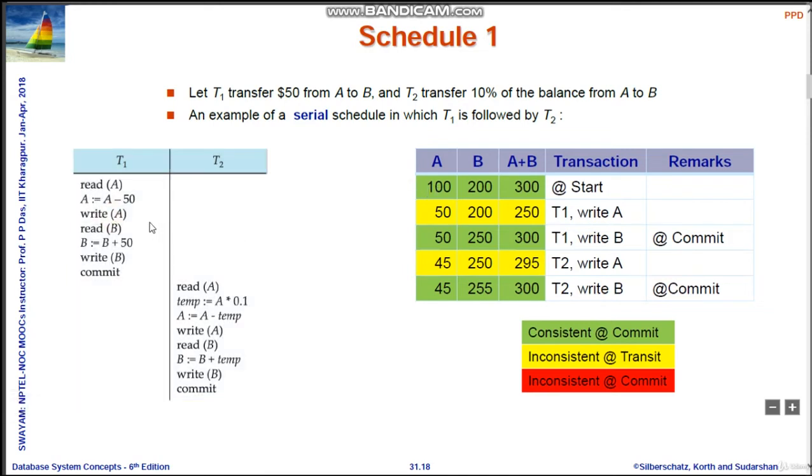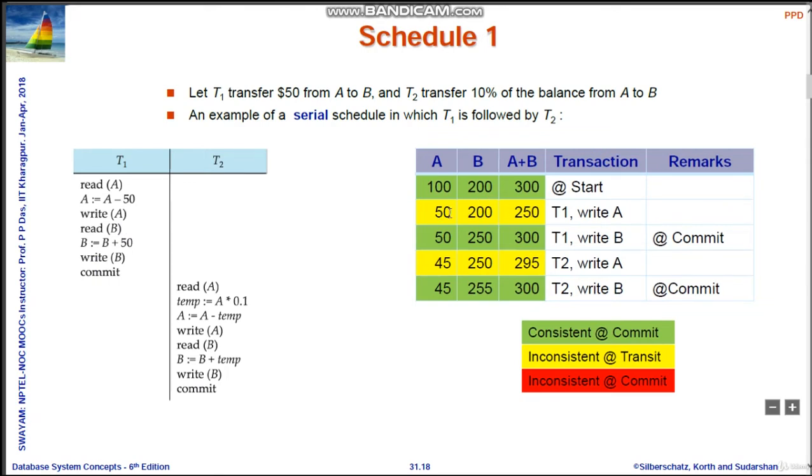We subtract 50 from A, so A's updated value is 50. Instead of 100 it has 50 because we updated A, and B has originally 200. B's value is not affected, still 200, so the sum is 250.